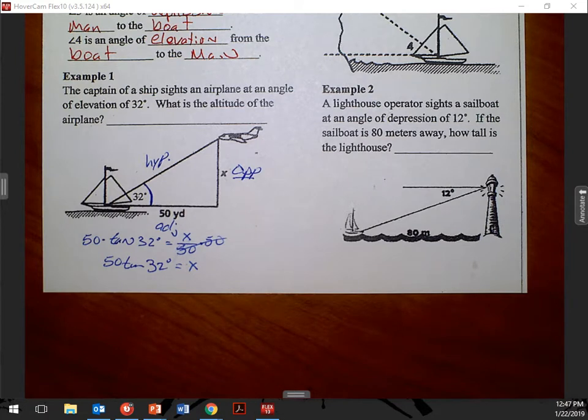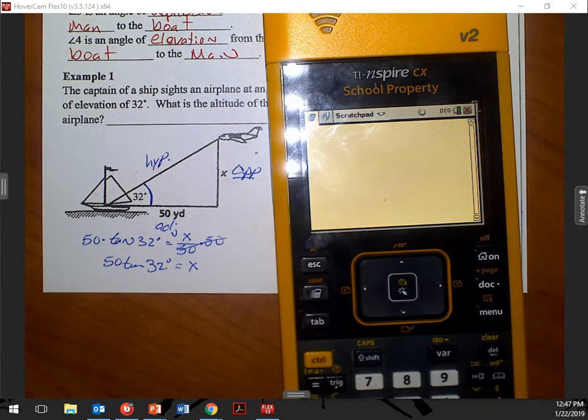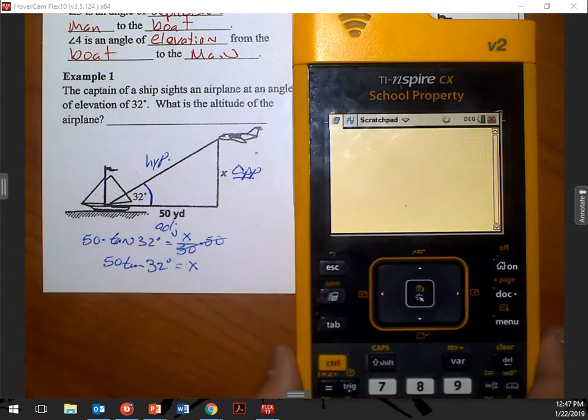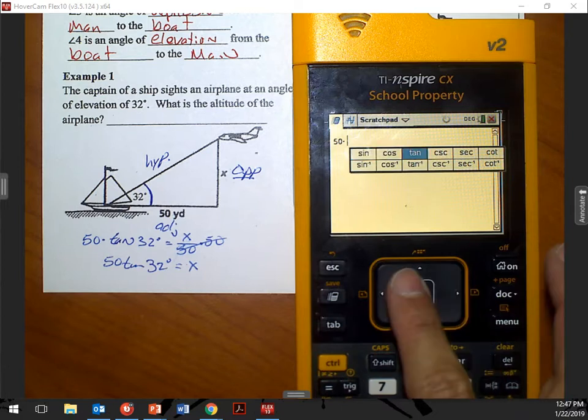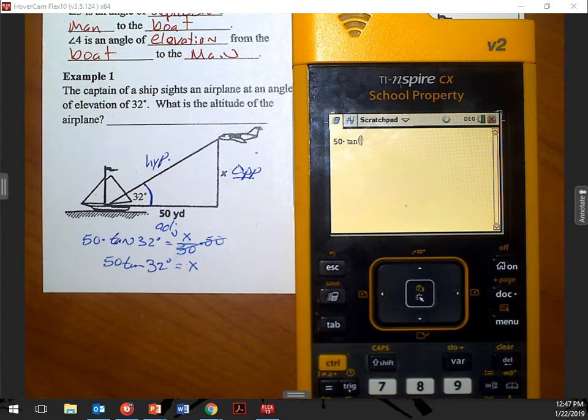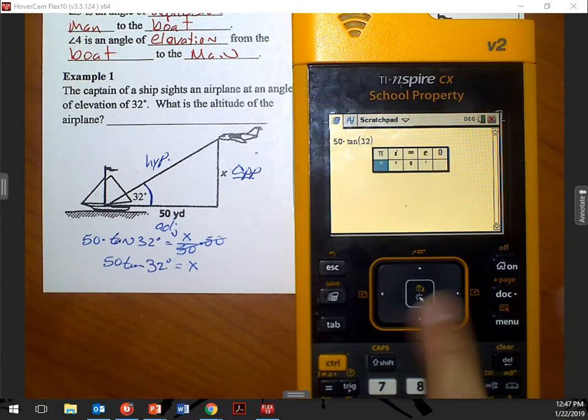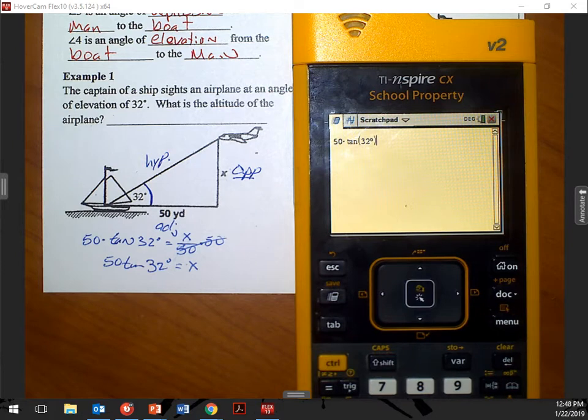Now, when you pick up that calculator, what are you checking? See if it's in degrees. Is it in degrees? Yeah. So, 50 times tan of 32 degrees is about 31.2.